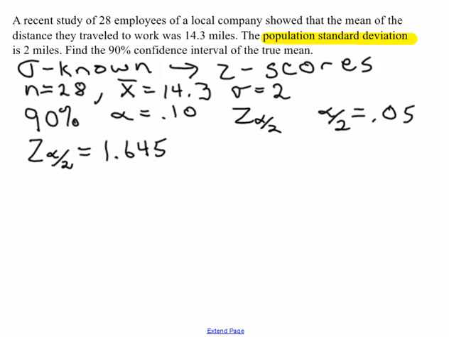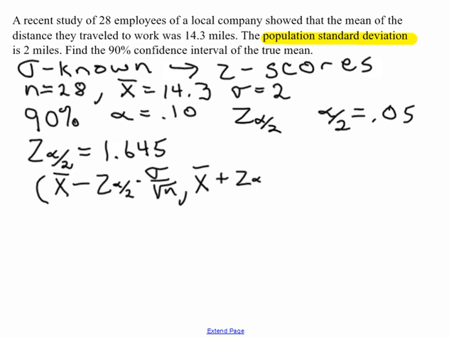Now we're going to set up in our formula our point estimate minus Z alpha over 2 times sigma over square root of n, to x bar plus Z alpha over 2 times sigma over the square root of n.